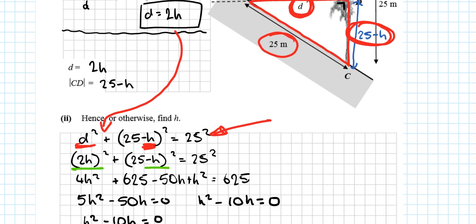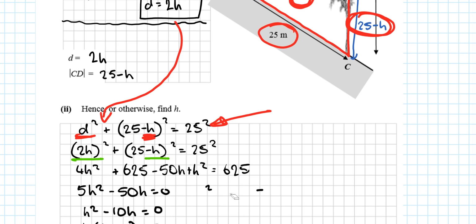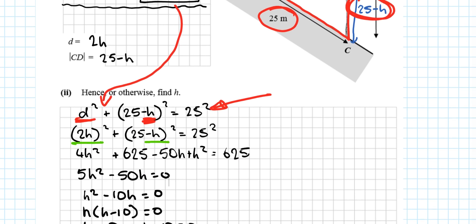Now factorize out h. What do we get? So remember, a lot of people will try and divide by h. Don't divide by h. What's the power? The power is 2.